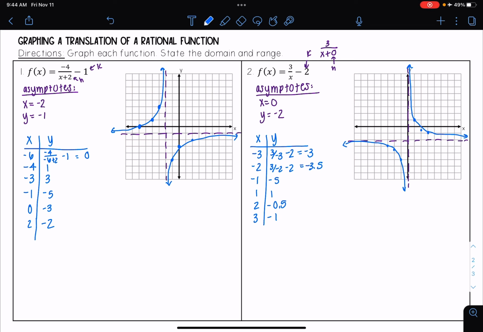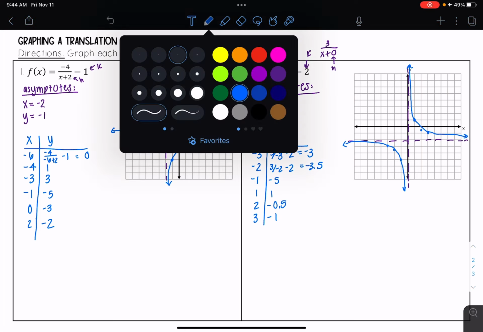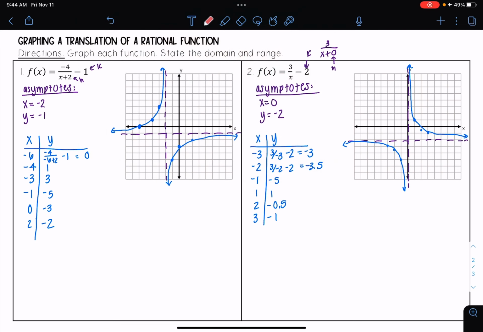And then for both of these, it did say to state the domain and range. So looking at this first one, remember with domain and range, it is all the values that x can be for domain and all the values that y can be for the range. And so for both of these, it really can be any value except for where those asymptotes are because it doesn't cross it.